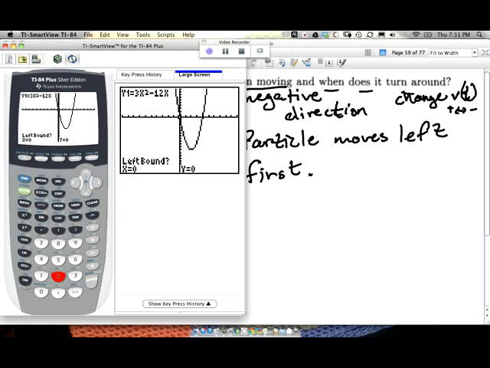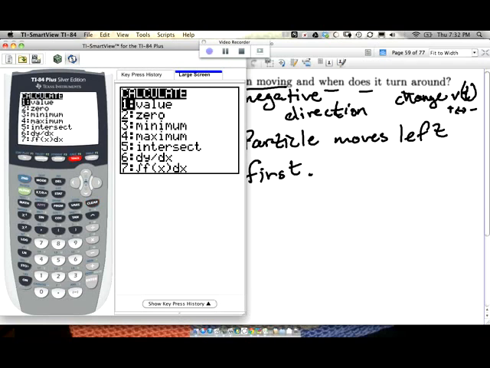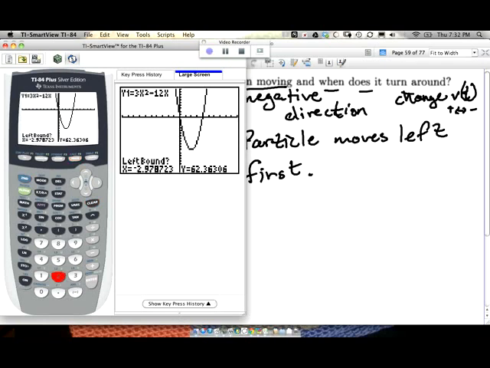Left bound, let's say it's between negative 3, or not negative 3, pardon me. Clear that. We've got to do second, calculate, and I was looking for between 3 and 5. So in there, I'm going to guess it's at 4. Hey, what do you know? It is right at 4.